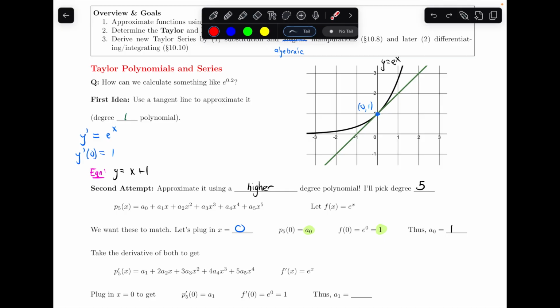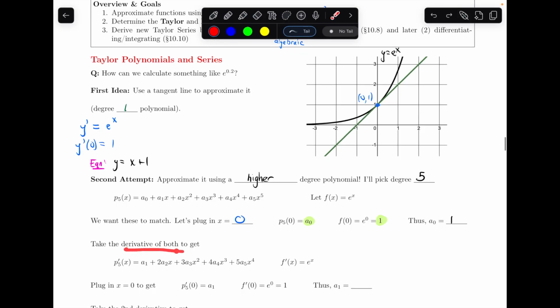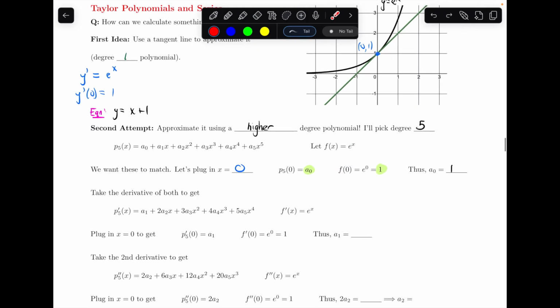Now I'm going to make their slopes match, just like what happened with the tangent line. To do that, I have to take the derivative of both. My polynomial derivative is here. The derivative of e to the x is just e to the x. To get the slope when I plug in 0, if I plug 0 into this, all these terms at the end just become 0, and I am left with just a1.